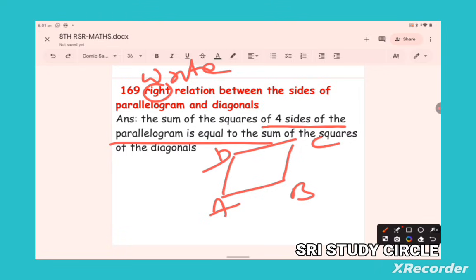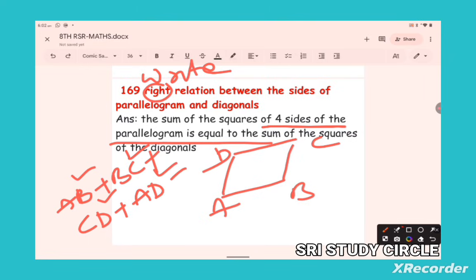That means AB square plus BC square plus CD square plus AD square is equal to AC square plus BD square. The sum of the squares of the sides of a parallelogram is equal to the sum of the squares of its diagonals.